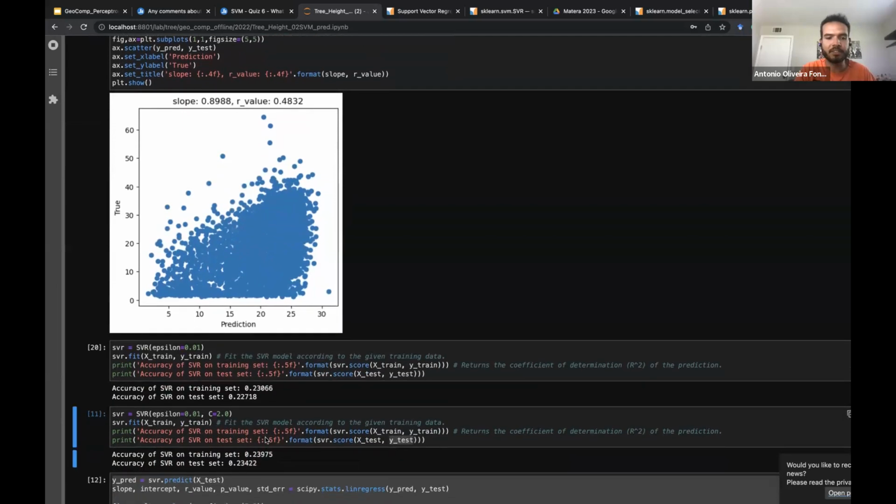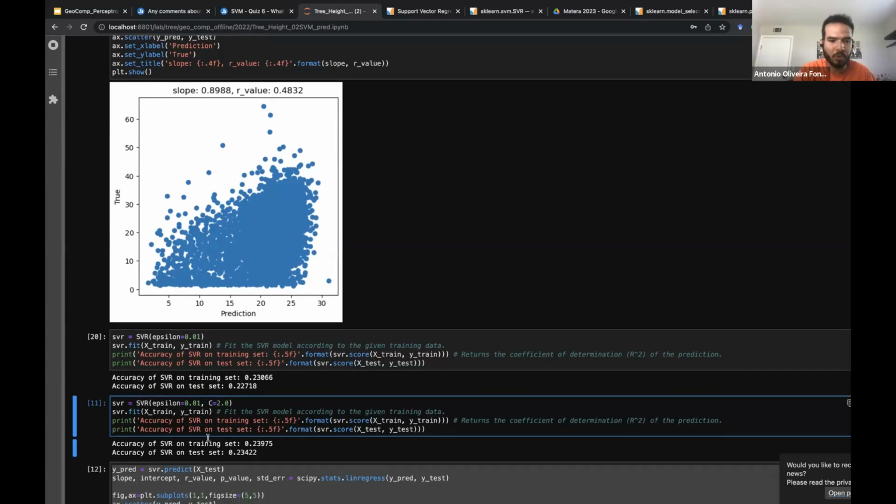But now let's see what happens when you increase the flexibility of the method. Remember that before we were using C equal to 1.0, which was the default.